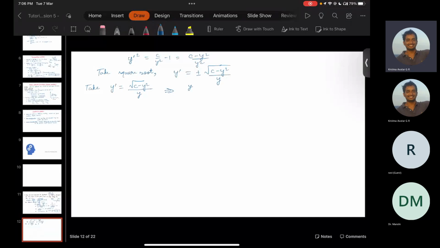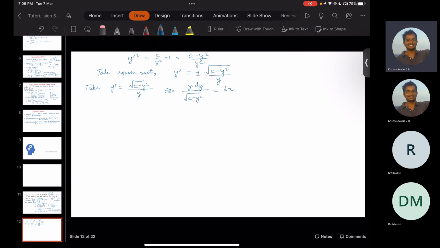Okay. So we'll use the separation of variable technique such that we have y dy divided by root over c minus y squared is equal to dx. Now, to solve this integral, we need to do some substitution technique.